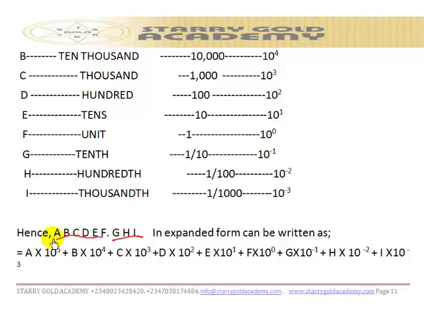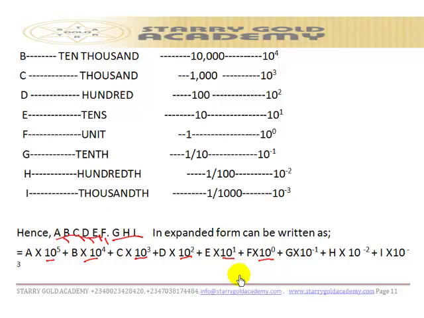Then I'm going to have A times 10 raised to 5, B times 10 raised to 4, C times 10 raised to 3, D times 10 raised to 2, E times 10 raised to 1, F times 10 raised to 0.